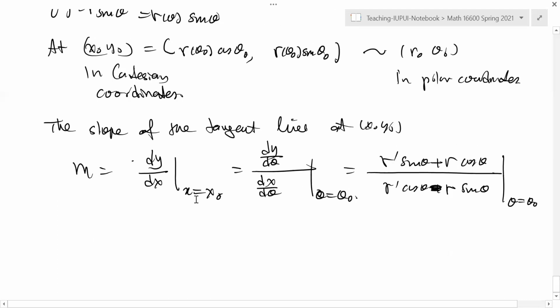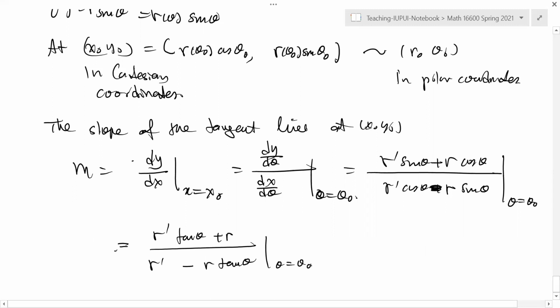So evaluate at this point. But you can also divide both sides by cosine theta and change this a little bit. Here r prime sine theta over cosine theta is r prime tangent theta, and the denominator is r prime minus r tangent theta, at theta equals theta naught.